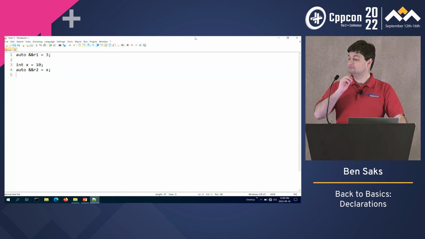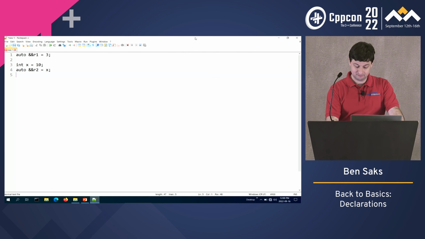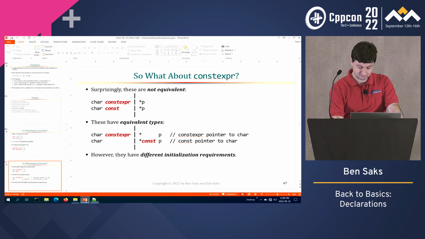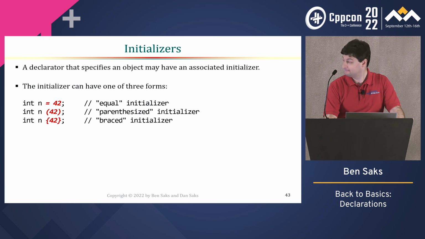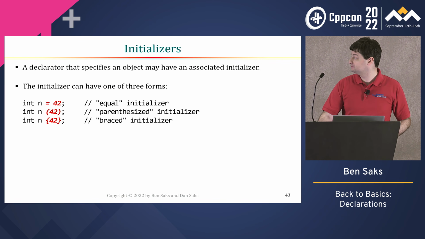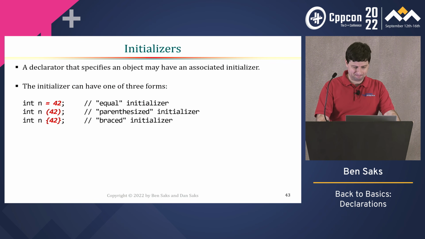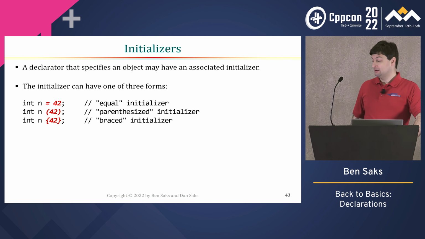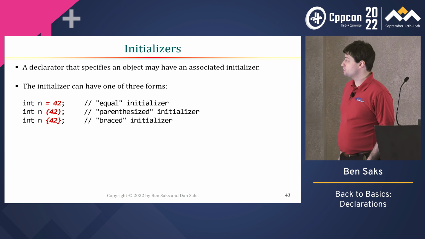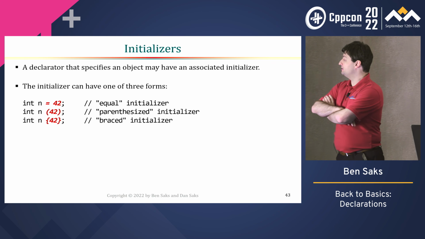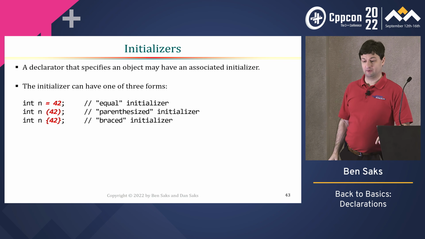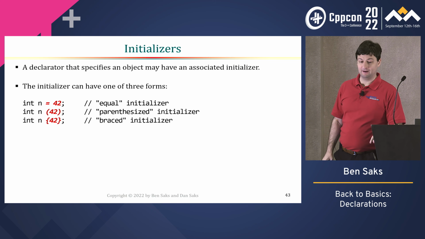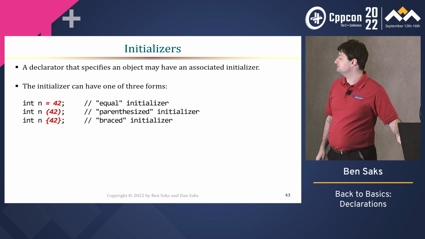Question. In one of your slides, you had 3 different types of variable initializations: with an assignment operator, with parentheses, and with braces. Can you describe advantages or disadvantages to each of those types? Yeah, so the brace initialization, I think, is probably the one I would say is most distinct there.